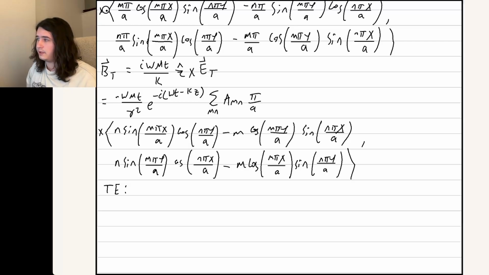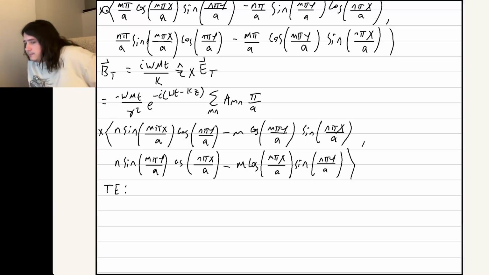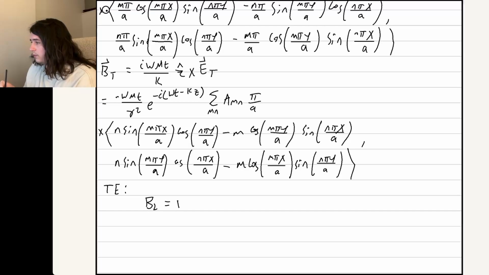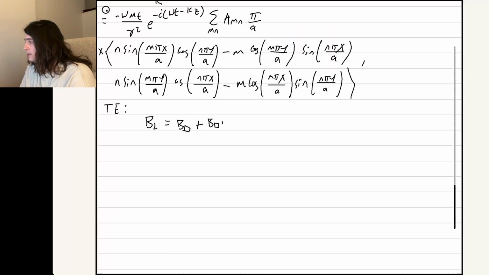But thankfully, we can just make another symmetry argument, where now, with the magnetic field being perpendicular to the electric field, we're going to be adding the square forms of the waves with the symmetry argument between the two.